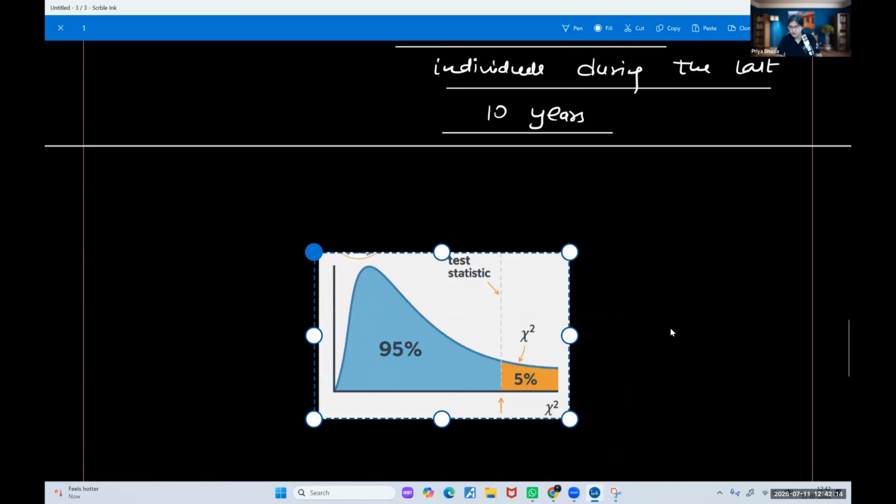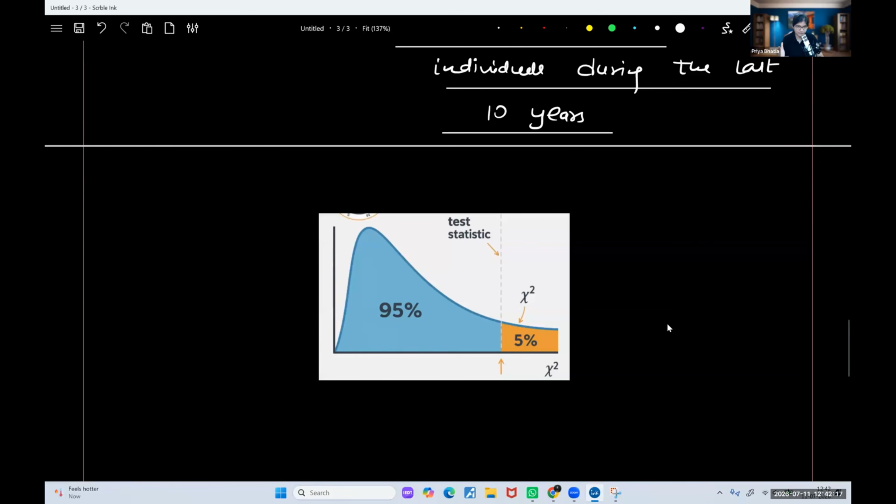This type of distribution has one tail, though we can have two tails as well. What is the type of distribution? Skewed. Which type of skewness? Right skewed. So always remember that by default, the distribution of the chi-square test is a right skewed distribution. Done?